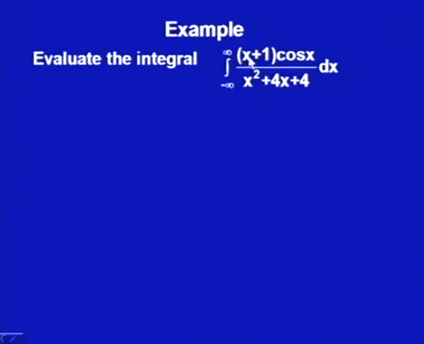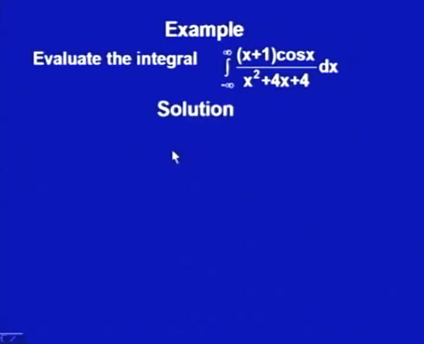The function f(x) here is (x plus 1) upon x square plus 4x plus 4, a rational function p(x) upon q(x). Both p(x) and q(x) are polynomials. p(x) is a polynomial of degree 1, q(x) is a polynomial of degree 2. q(x) does not have any real zeros.